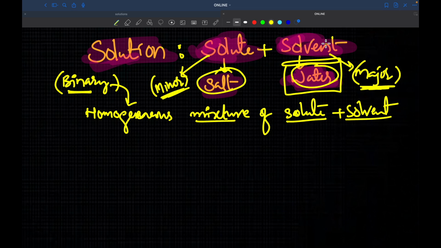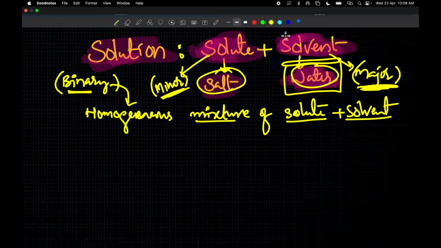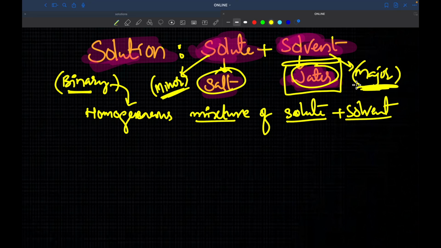So the quantity of solvent is greater, whereas the quantity of solute is very less. That is why you call it a solution, right?